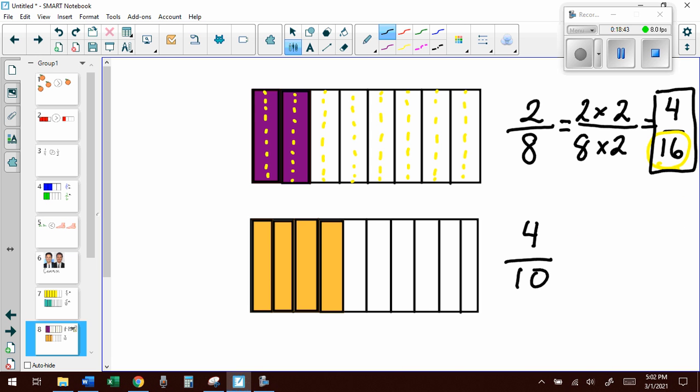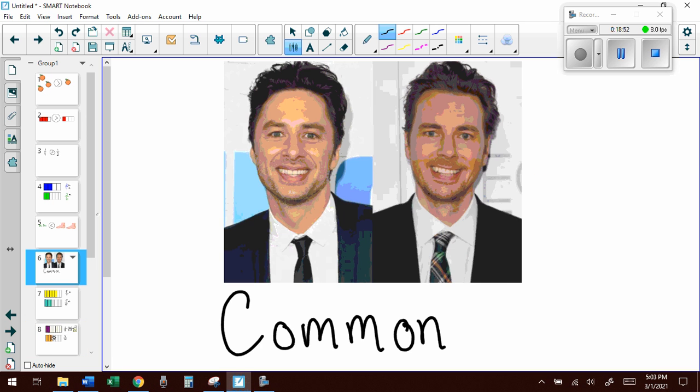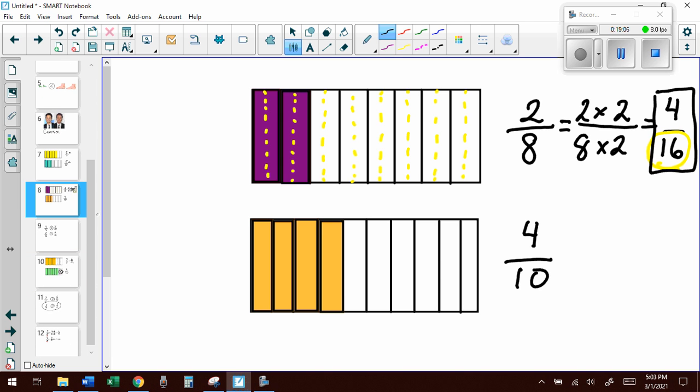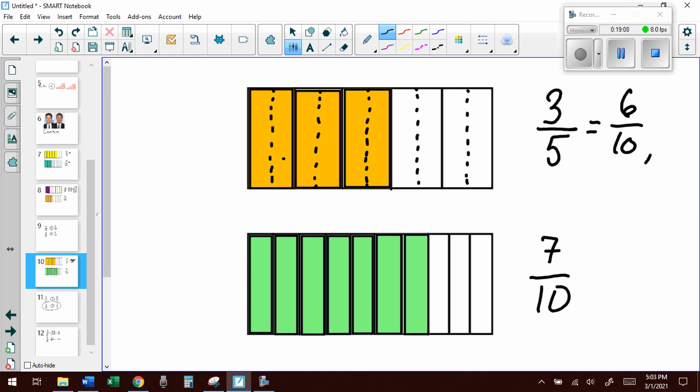So we came down here, we ran into some times where the fractions didn't have anything in common. So we had to make them have something in common. Here we knew that 2 was a factor of 4, which means that 2 times 2 we could get 4. We could score common numerators. Here, scoring common numerators would have been a pain. So we decided to check and see if we could get some common denominators.